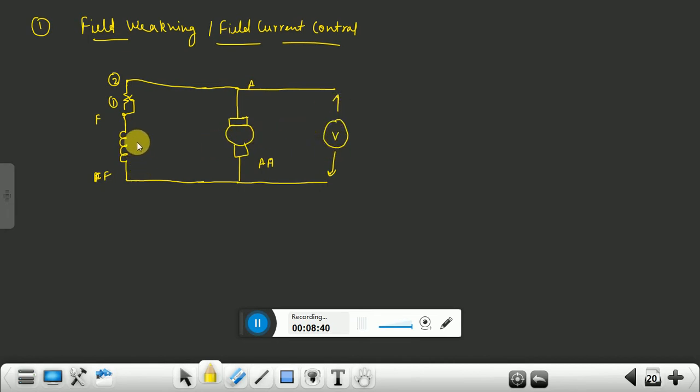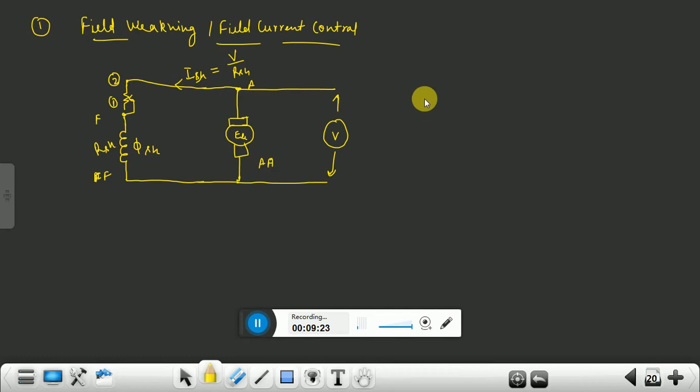Okay, so this is your flux, phi sh. And this is your EB, the back EMF. In this case this is ISH, the shunt winding current. So this is V divided by RSH, the terminal voltage divided by RSH, so you get ISH.